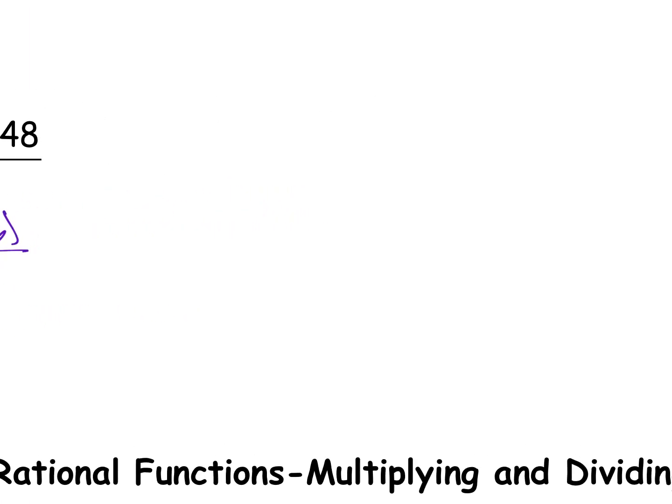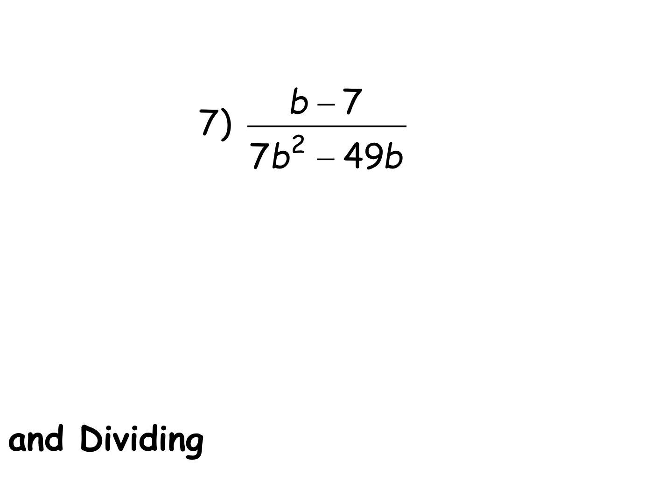And then for the last one, I think I factored out a 7b on the bottom, and I get left with b minus 7. So again, those go away. I actually didn't go away, I made a 1, so I get 1 over 7b.